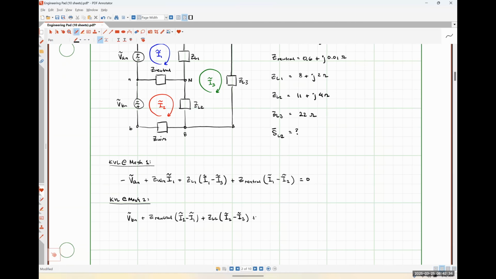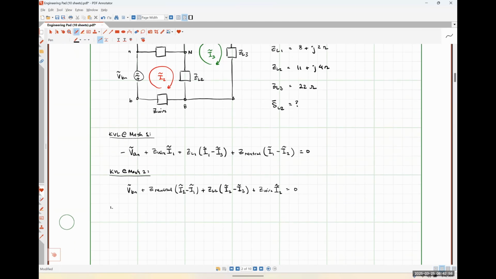Plus Z wire. And what's the current flowing through this Z wire, Mark? I2. Exactly right. Okay. And we're back to where we started from, so we're good to go.